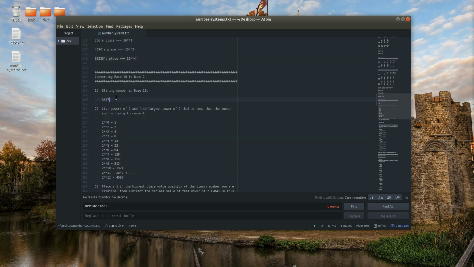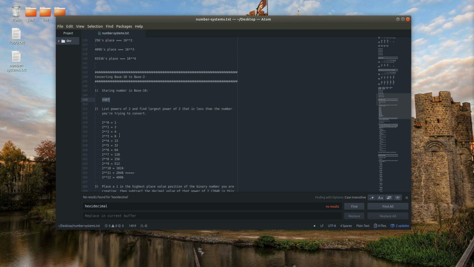Okay, so the starting number is 3,387. So first list out your powers of 2 and find the largest power of 2 that is less than the number you're trying to convert. Okay, so 2 to the 0 is 1, 2 to the 1 is 2.